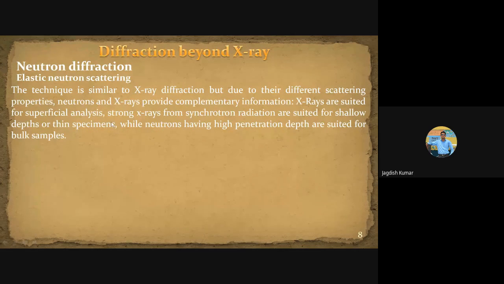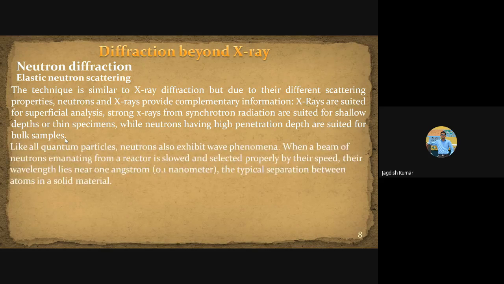It is something like 10 to the power 4 to 10 to the power 5 atomic planes that are penetrated by X-rays, whereas neutrons have a higher penetration depth and hence can get information of the atomic distribution in much deeper atomic planes from the surface.